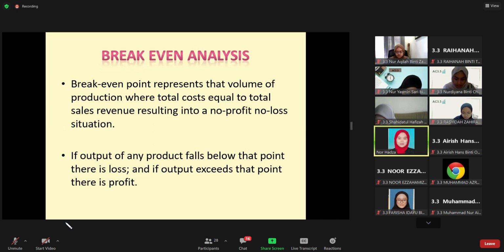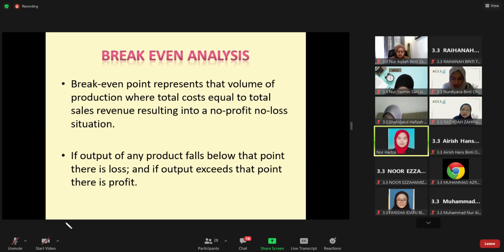In this analysis, the break-even analysis represents the volume of production where total cost equals total sales revenue, resulting in no profit or no loss. In other words, in this break-even analysis, we are going to find out how many units the company should sell when there will be no profit and no loss.